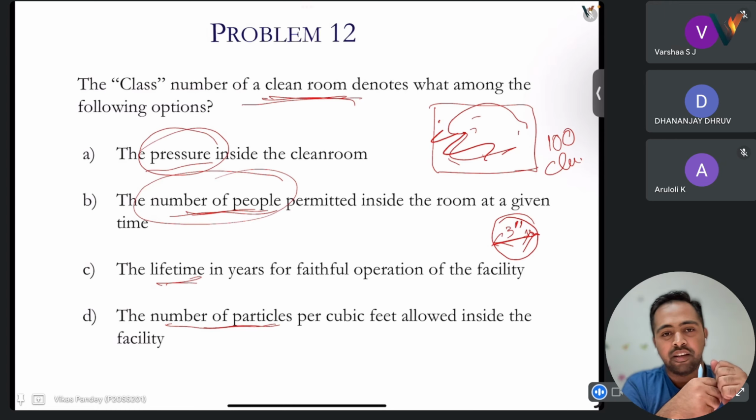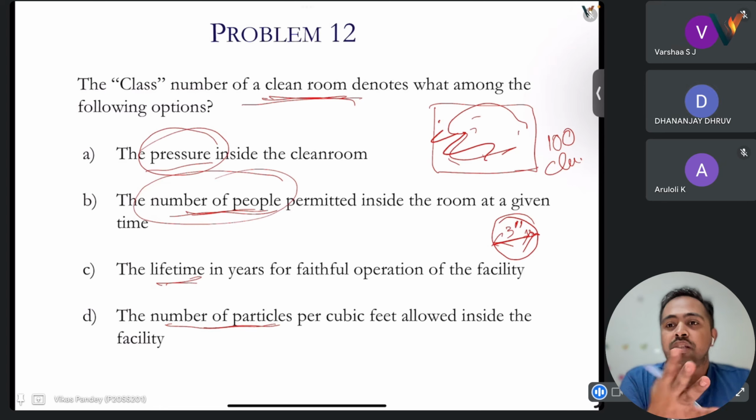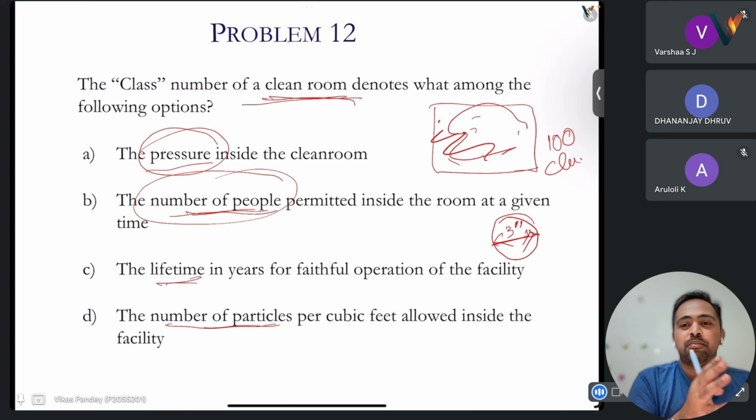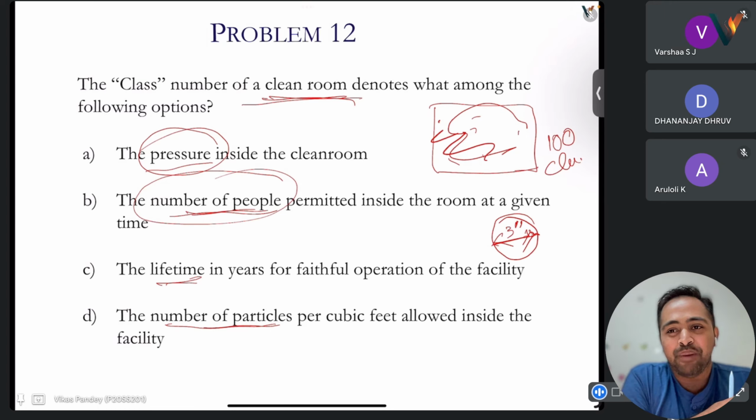So no person is even allowed in it. I think there must be some more things like flow and HEPA filters. These are common, but I'm not very sure about what is happening in the back end.